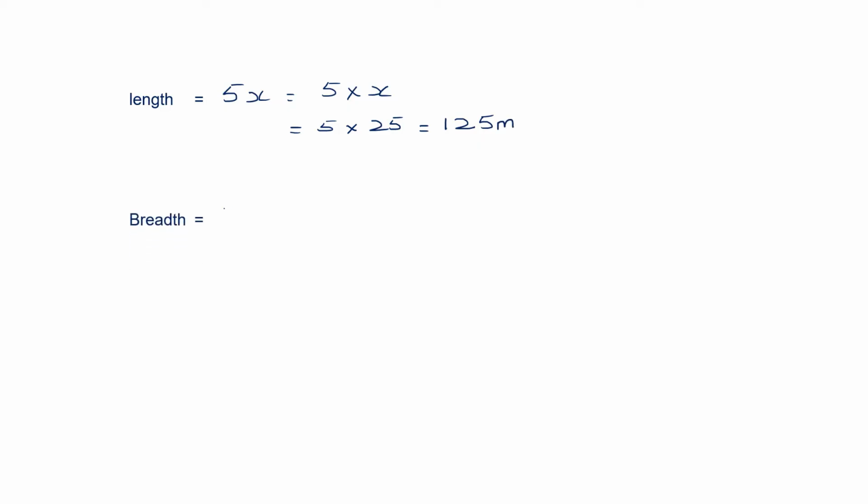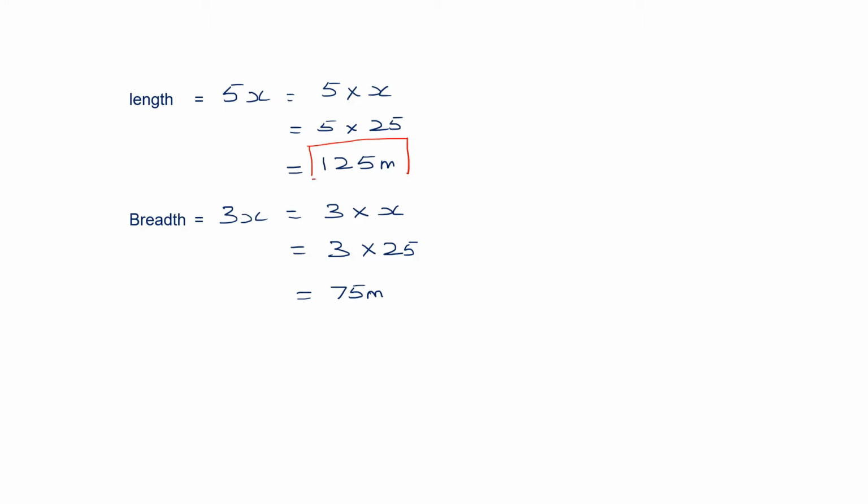Breadth is 3x, which is 3 into 25. 25 threes are 75. So this is 75 meters. So length is 125 meters, and breadth is 75 meters.